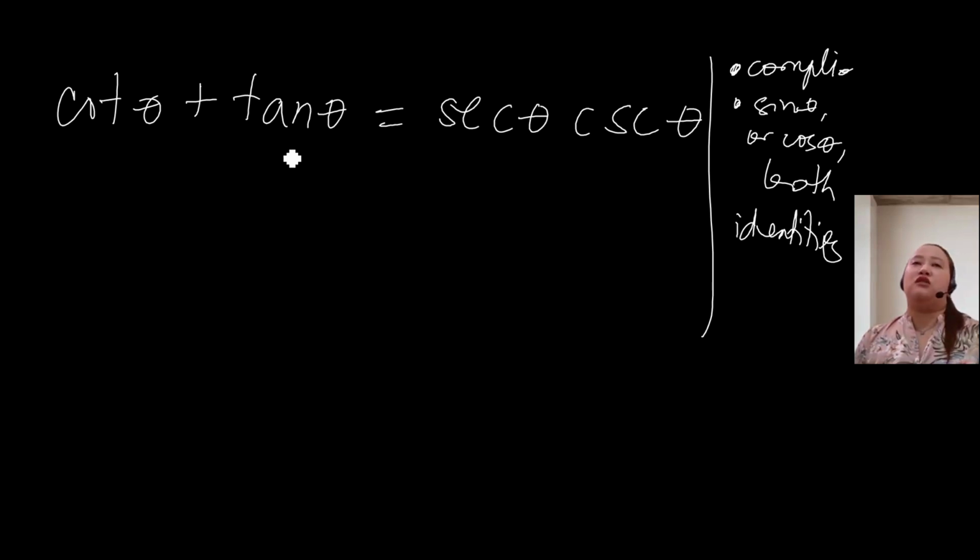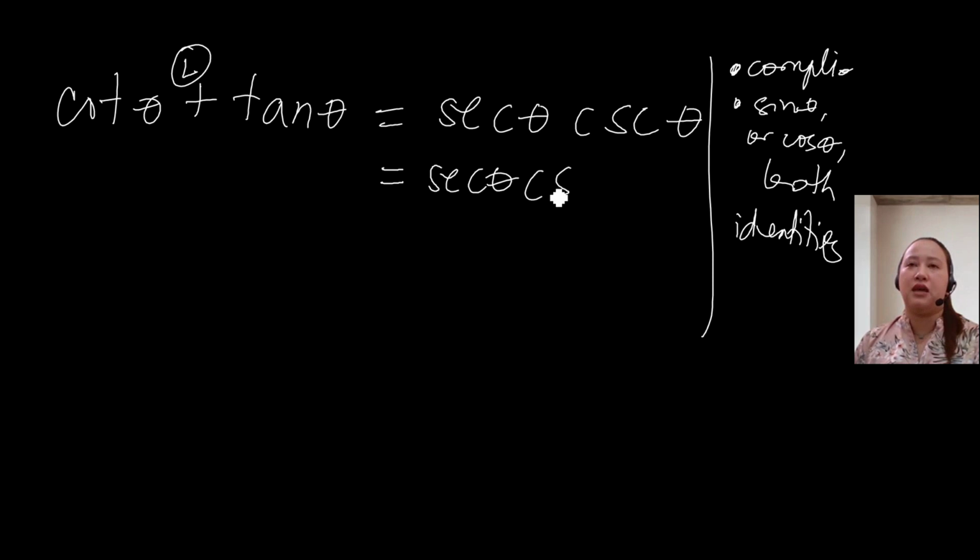So the left side is complicated. Since the left side is complicated, we're just going to copy the right side as secant theta, cosecant theta. And then you have to write the left side in terms of sine or cosine or both.